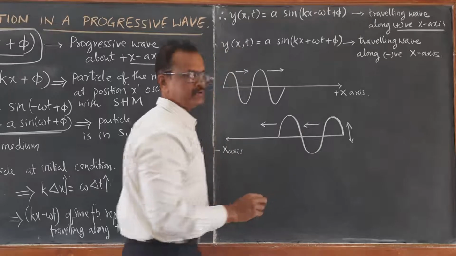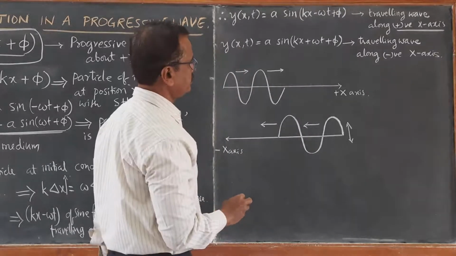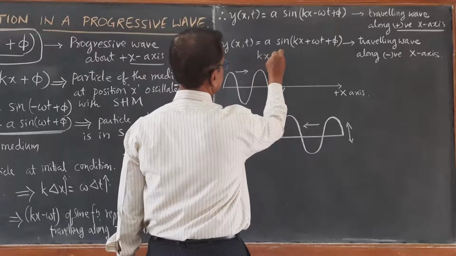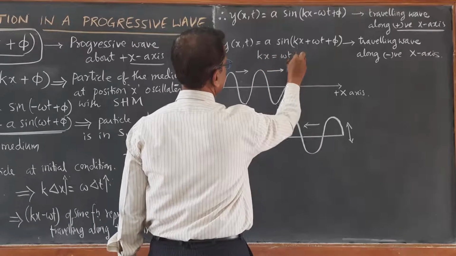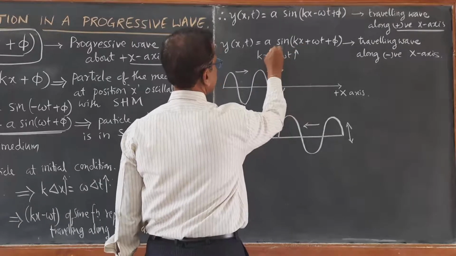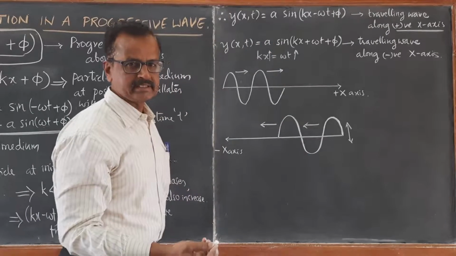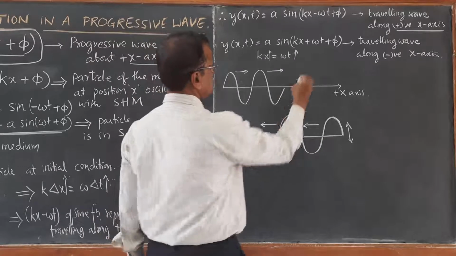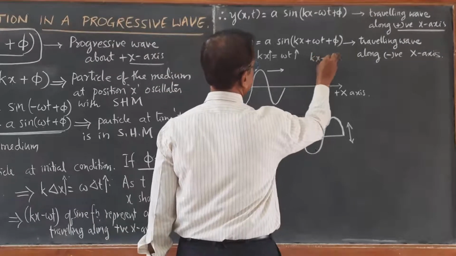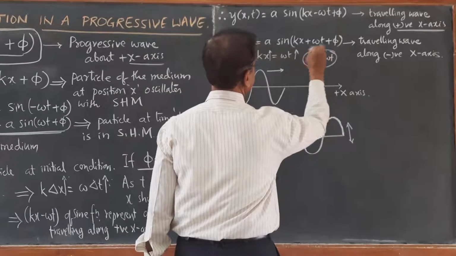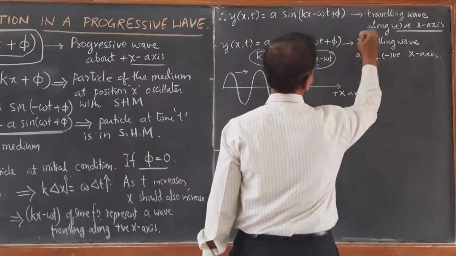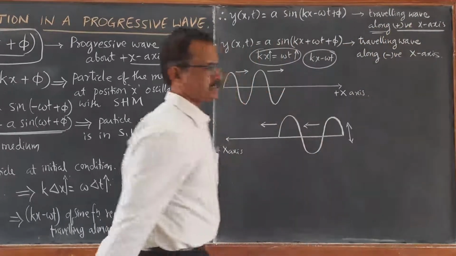Therefore, if kx equals omega t, as t increases, x value also increases. So kx minus omega t is the function representing the traveling wave about positive x-axis.